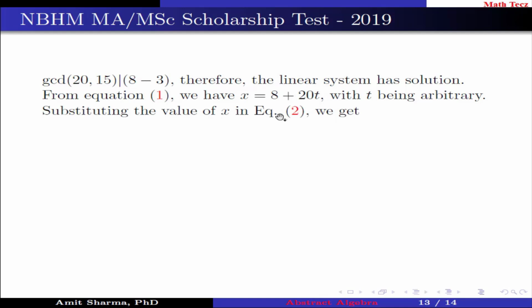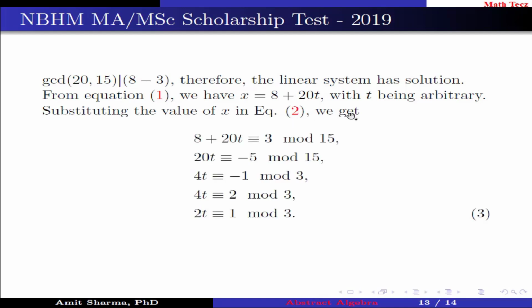Substituting the value of x in equation 2, we have 8 plus 20t congruent to 3 mod 15, which can be written as 20t congruent to minus 5 mod 15, which can be written as 4t congruent to minus 1 mod 3, which can be further written as 4t congruent to 2 mod 3, and finally we can write 2t congruent to 1 mod 3.